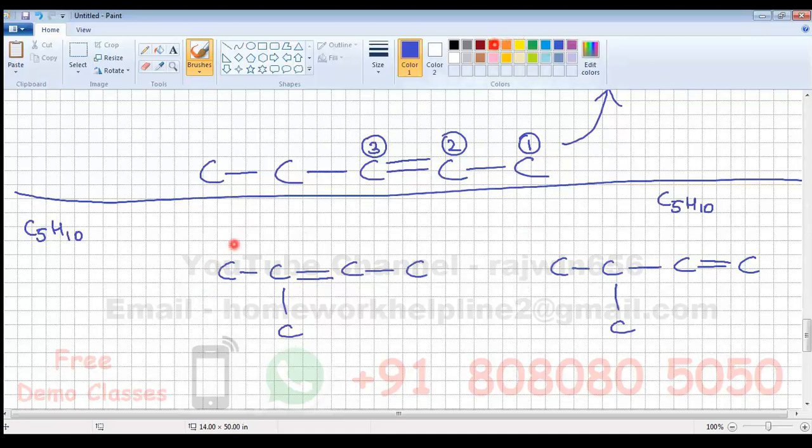Over here, I'll start counting from this side: 1, 2, 3, 4. This group which is there, here also CH3 will be there, with 3 hydrogen atoms attached. So this whole group is going to become methyl. So this is going to become 2-methyl.